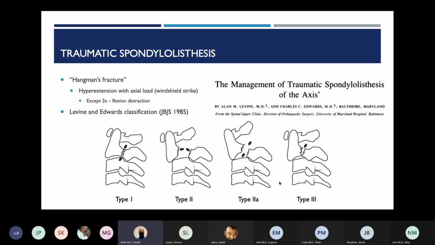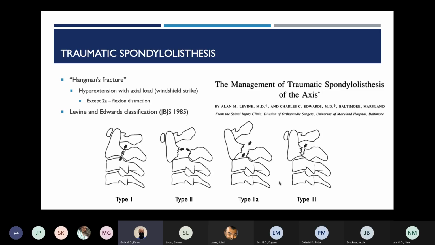So I think the atypical hangman's are much more dangerous neurologically than the standard hangman's. They deserve a very careful evaluation and potentially operative treatment if there's any concern about cord compression. But the typical hangman's fracture, the neurologic issues are generally fairly minimal.